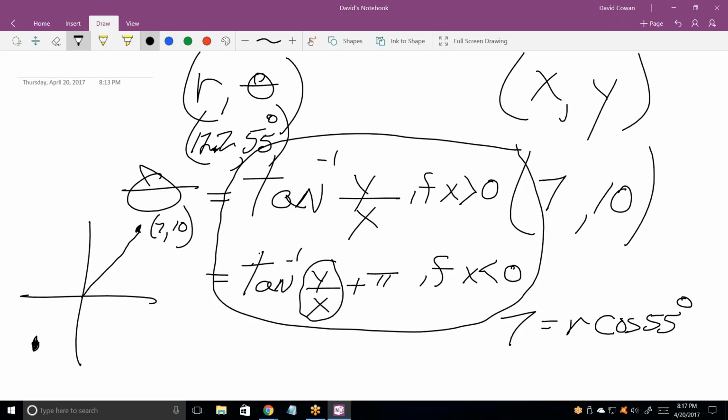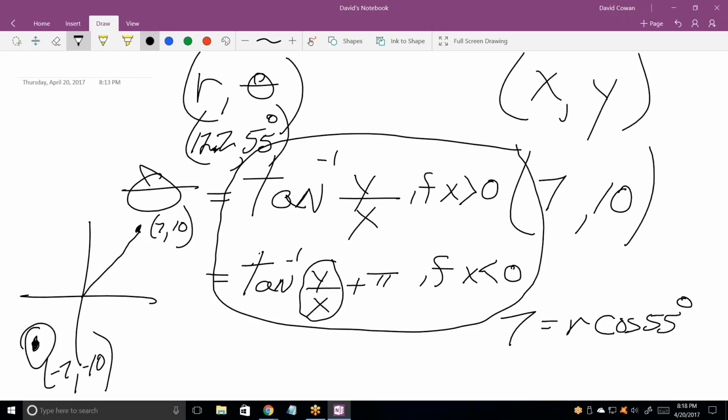But I can tell from where this is that it's in the third quadrant. If that's minus 7, minus 10, then because the x is negative, I got to add pi to my answer. So my answer wouldn't be 55. It would be 55 plus 180, if I'm dealing with a minus 7 and a minus 10.